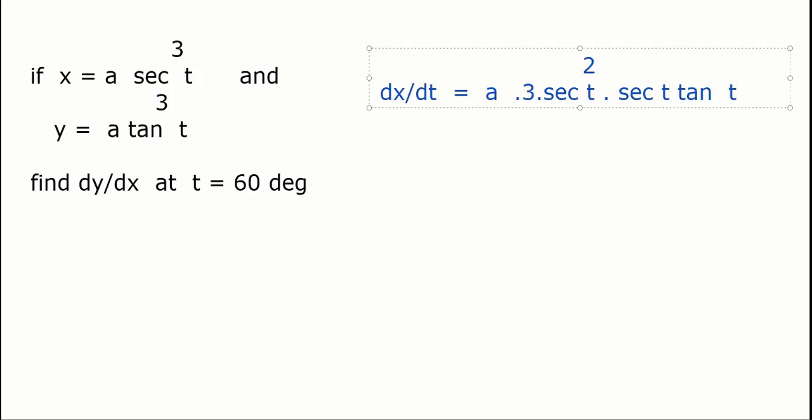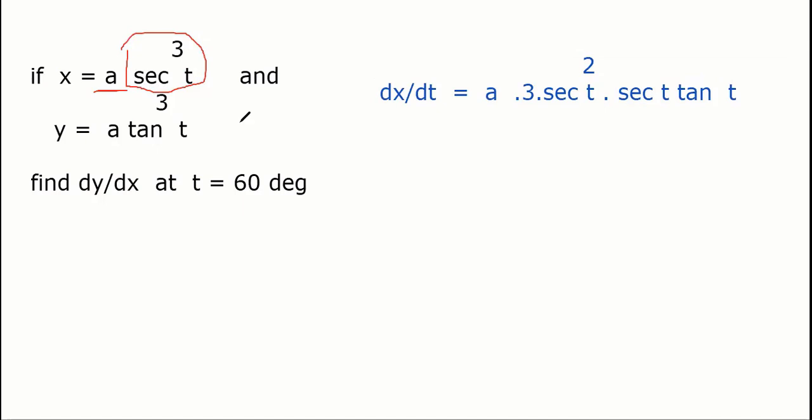Nishta, can you explain how we wrote it? We have taken a as constant in the whole expression, so a remains there. Then we use function of a function, n x to the power n minus 1, so 3 sec squared t.